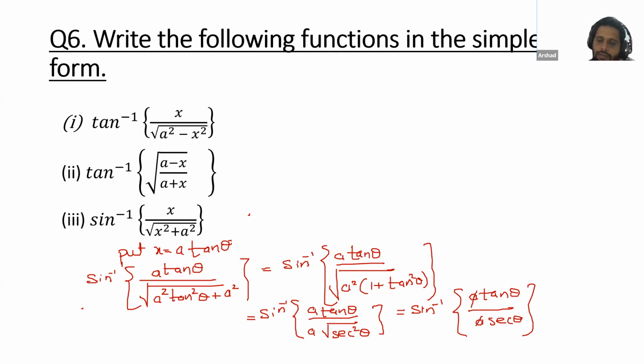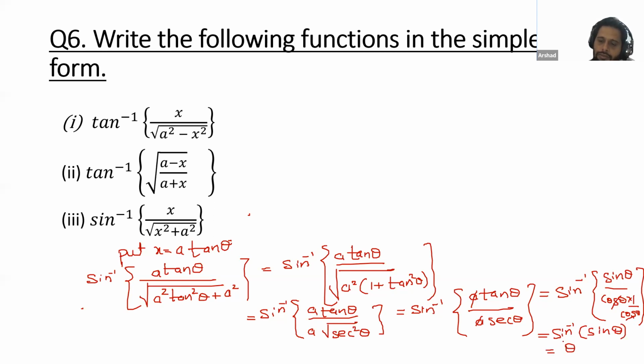This a is cancelled out. Tan is what? Sine by cos. You can write here sine inverse, tan is sine theta by cos theta into 1 by cos theta. So cos will get cancelled out. So you will finally get sine inverse sine theta.